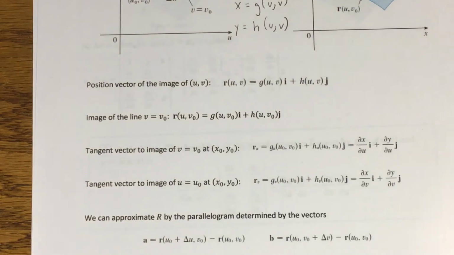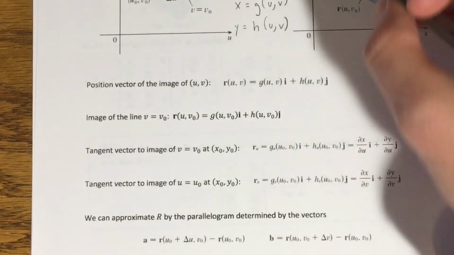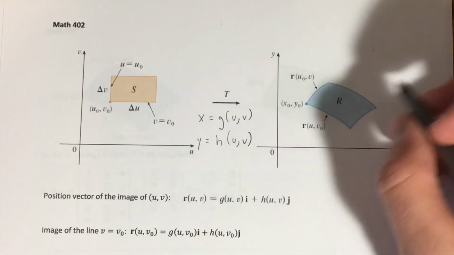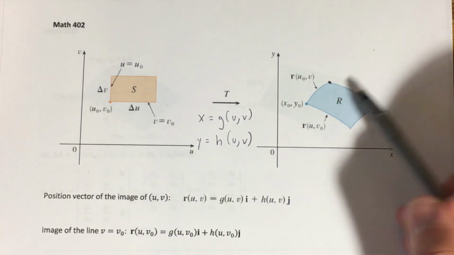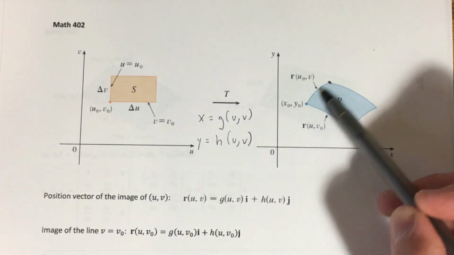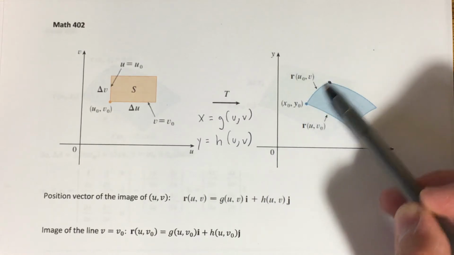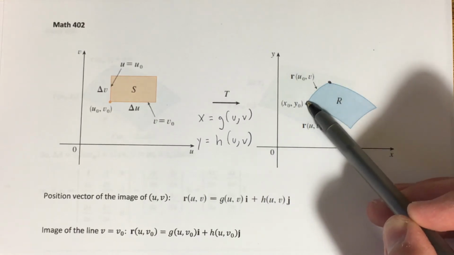Okay. Now, if you go back to Calculus 1, when you first introduce the concept of tangent lines, you start with what's called a secant line as an approximation to a tangent line. So a secant line would be like if I took, let's go back up to this picture up here, if I took this point right here and joined those two points with a line as an approximation to the tangent line at this point.